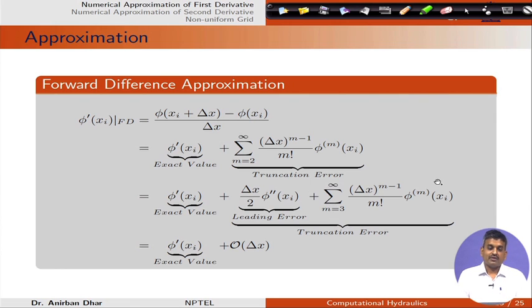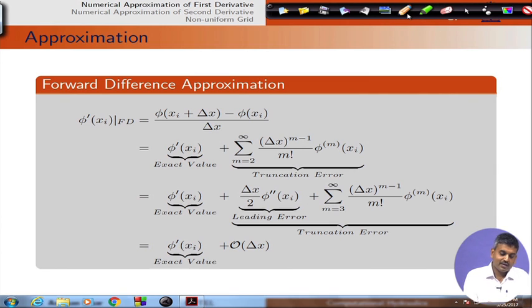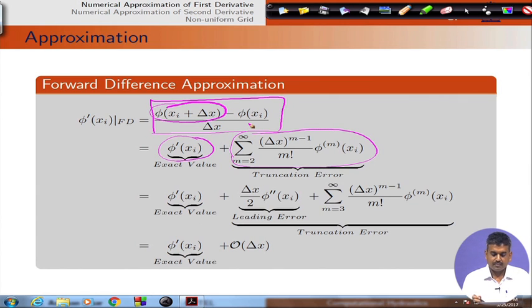Now, the forward difference approximation. We have approximated the forward difference using this expression. Now, if we use the Taylor series for this term, then we can write it in this format, where phi i prime is the exact value plus some higher order terms available there.